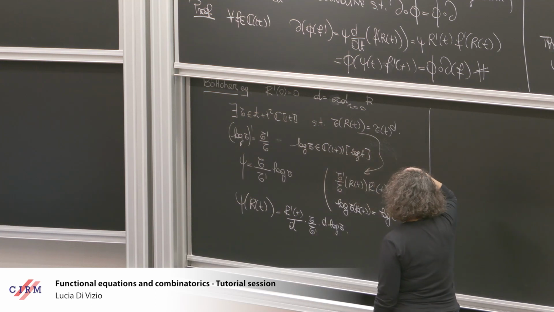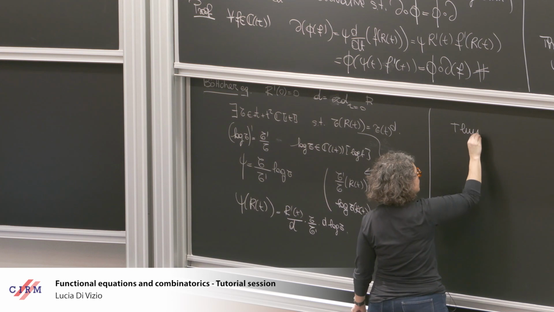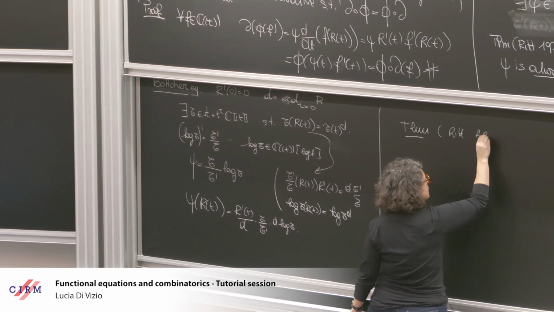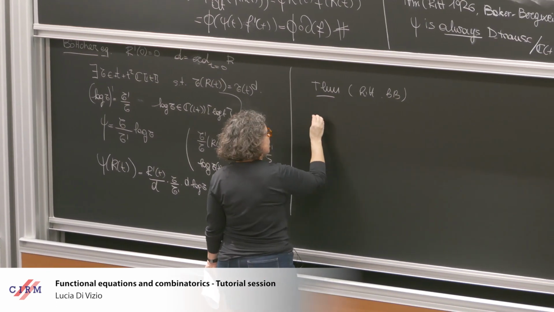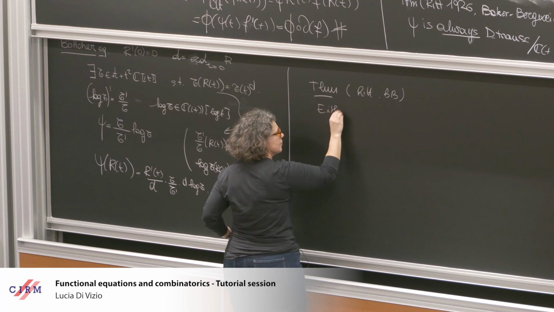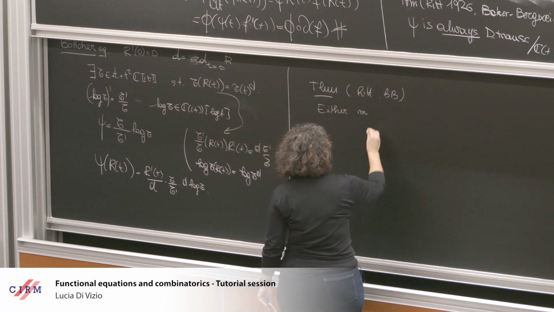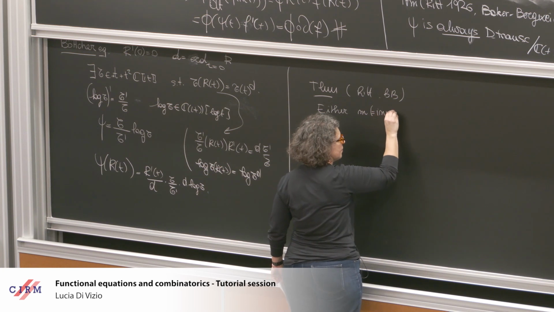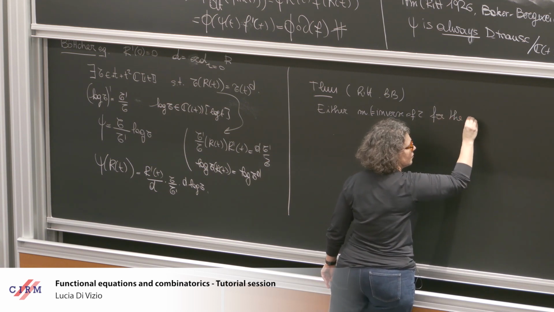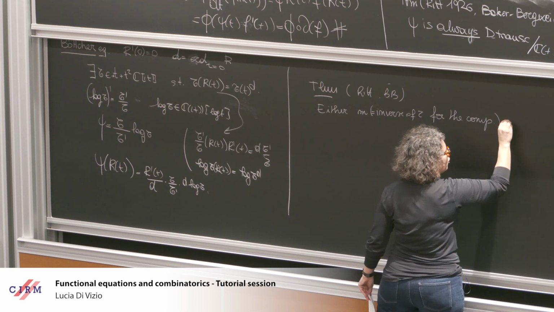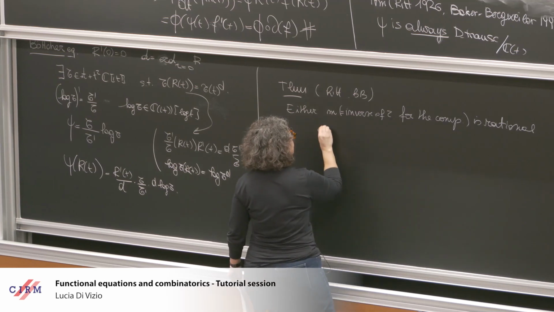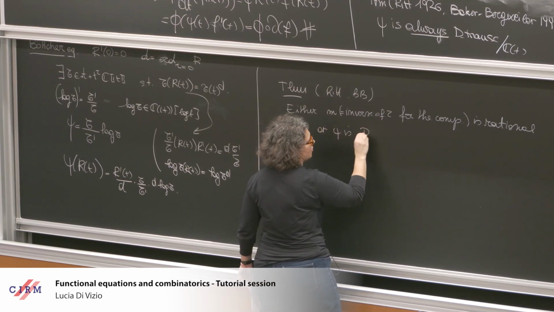And what happens here is that, by a theorem by Ritt and the other two guys, either a function m, which is the inverse of tau for the composition, is rational, or psi is transcendental.